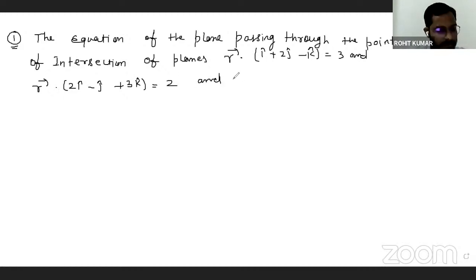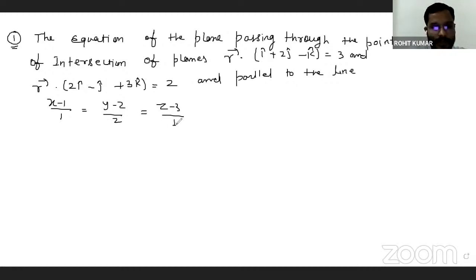The required plane is parallel to the line x - 1 upon 1 = y - 2 upon 2 = z - 3 upon 1.